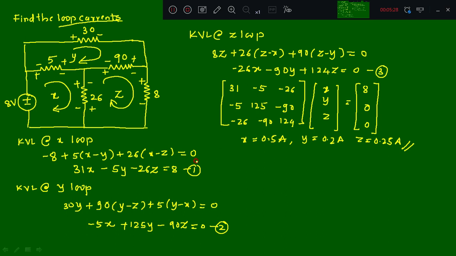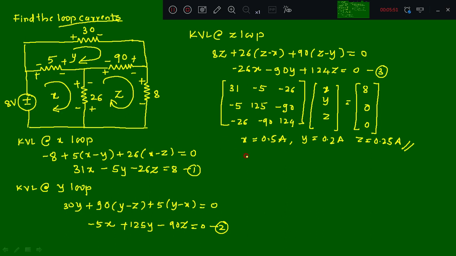In the previous video lecture I also told a shortcut to write the direct KVL equations by seeing the circuit diagram, right? So again I will repeat it here also, it will be helpful for your speed of calculation. See here in this first loop, see the terms which are purely related to X. How many terms are here? 5 and 26.